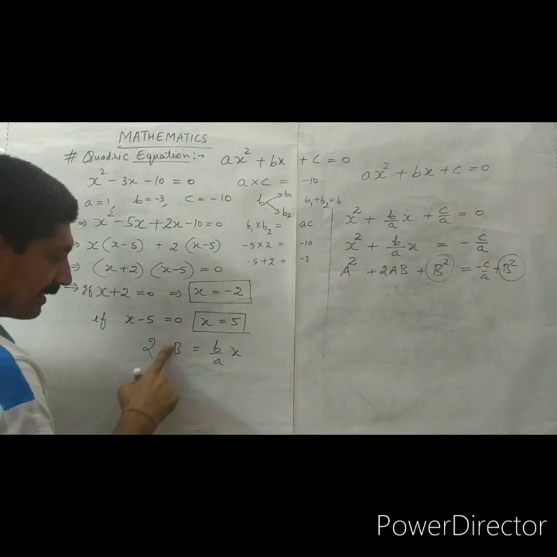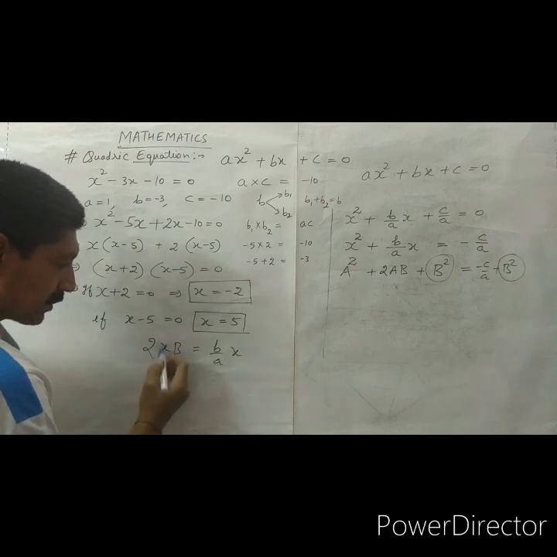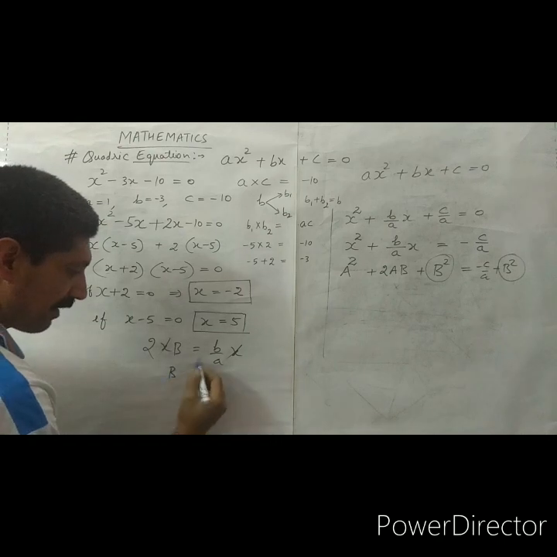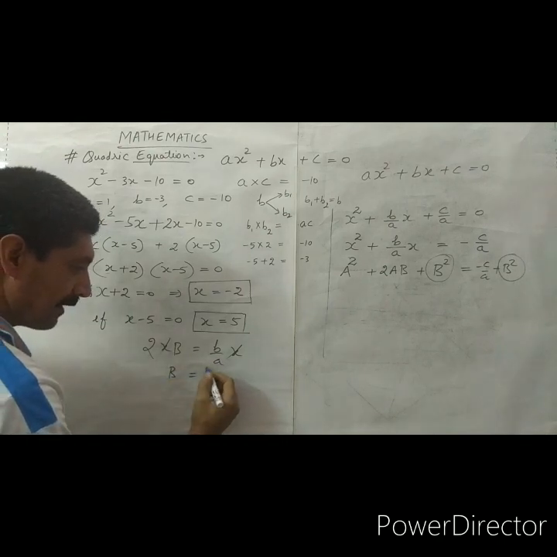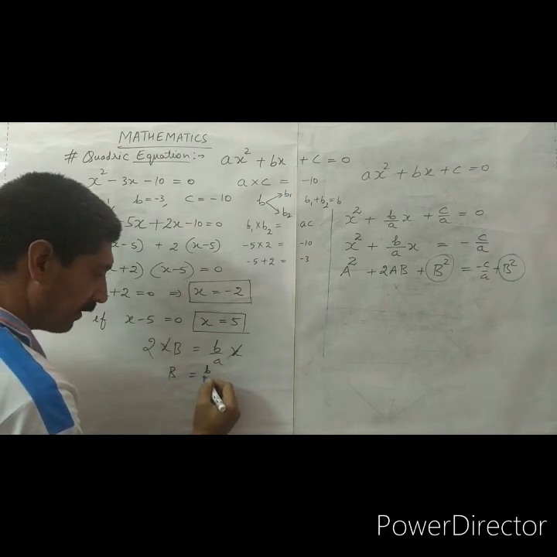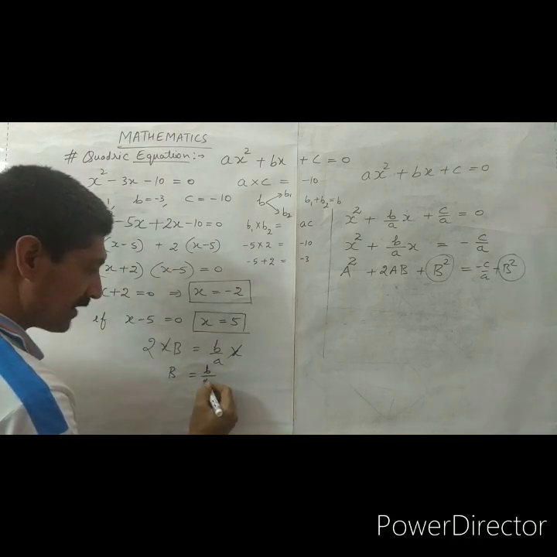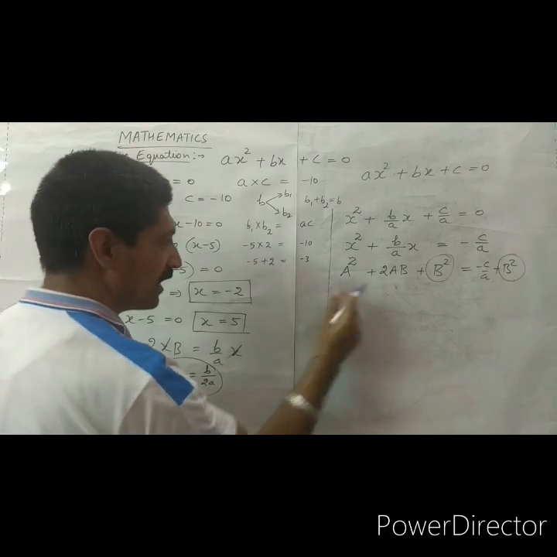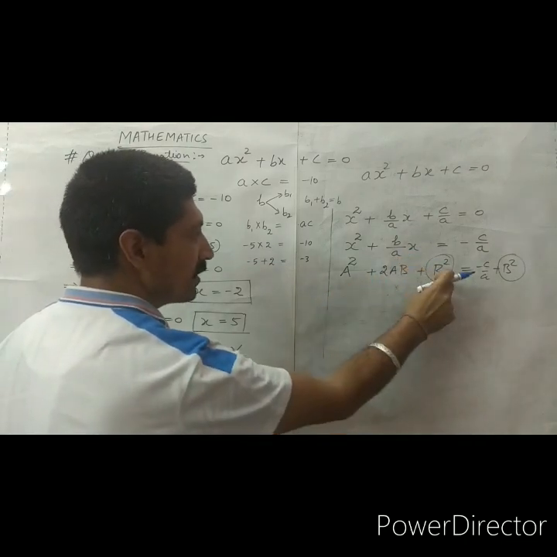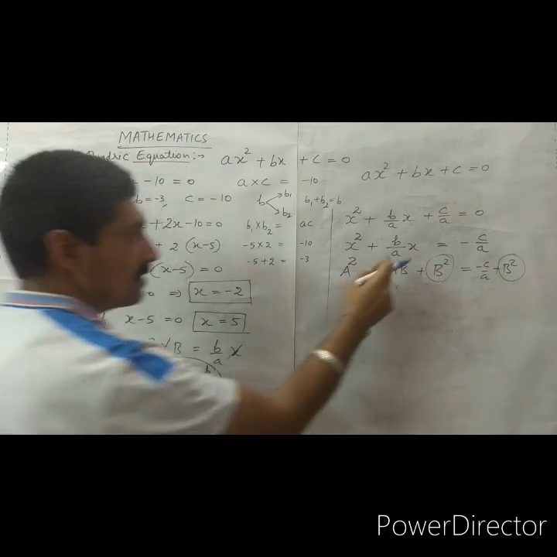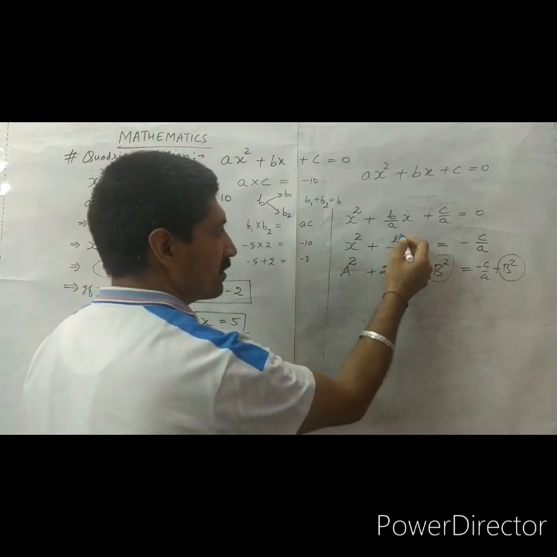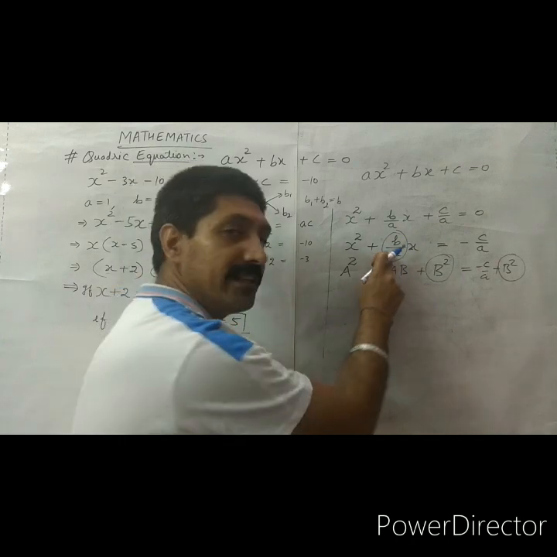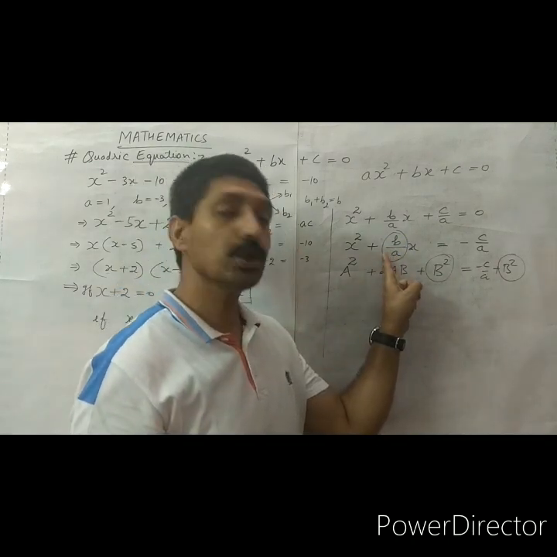The value of B is b upon twice a. This is the important thing. This B is the coefficient of x divided by 2.